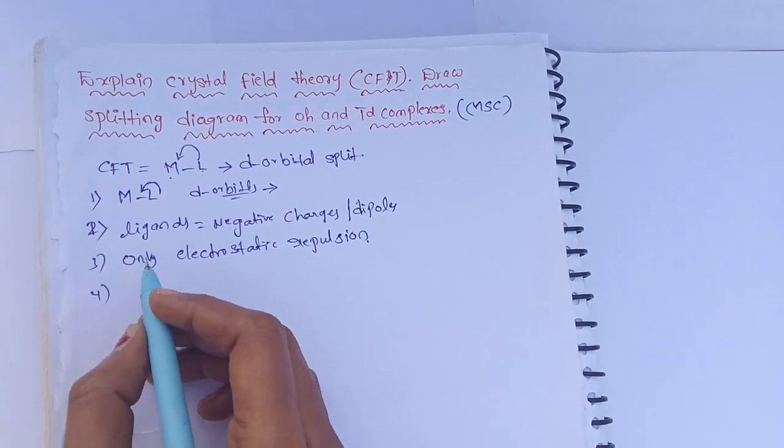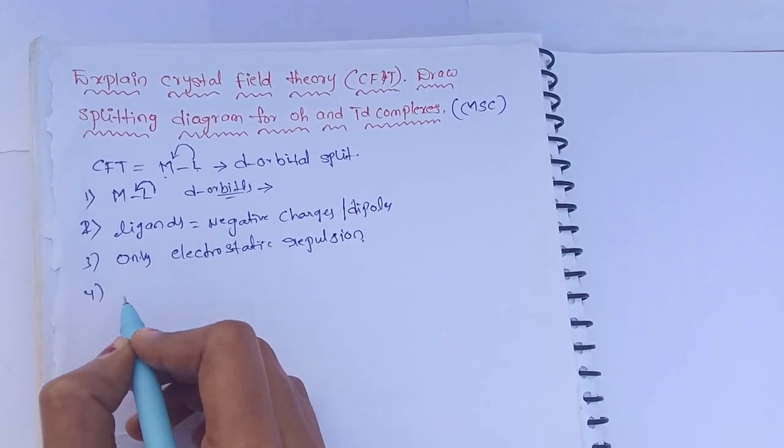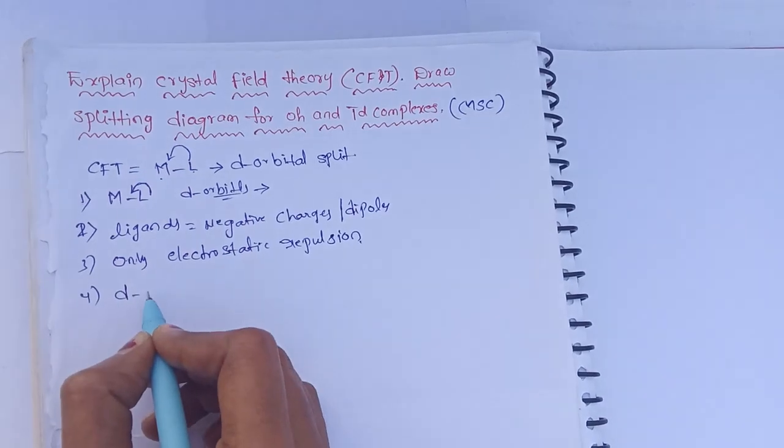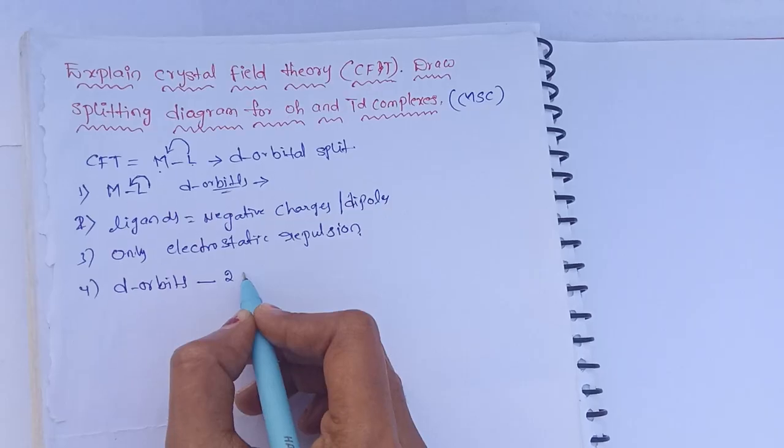Another point is that the d orbitals split into two groups.